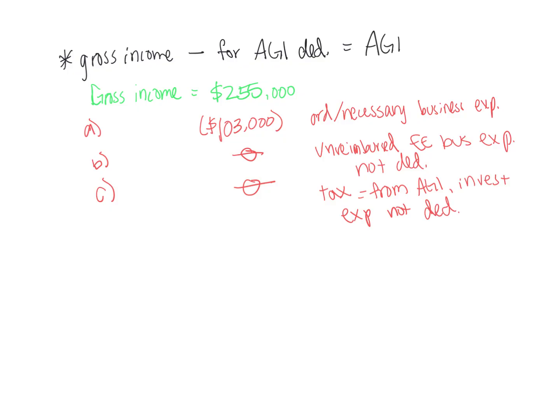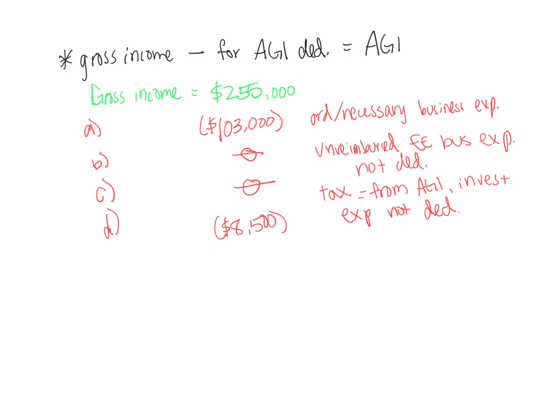Okay, let's look at letter D. Letter D says the Johnsons own a rental home. They incurred $8,500 of expenses associated with the property. So the amount that can be deducted for AGI here is the full $8,500.